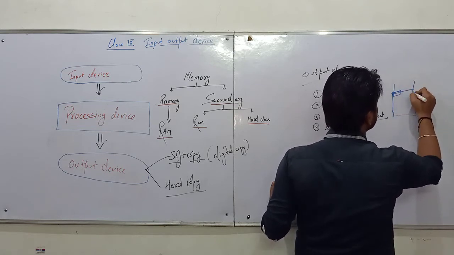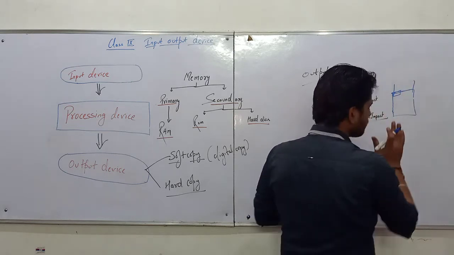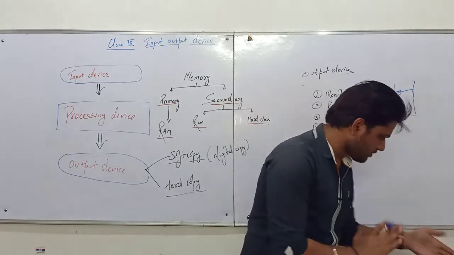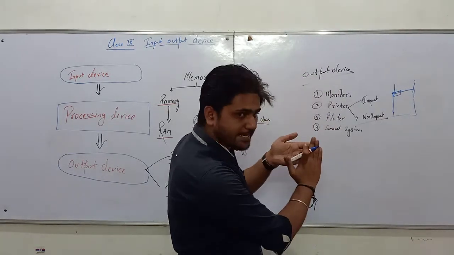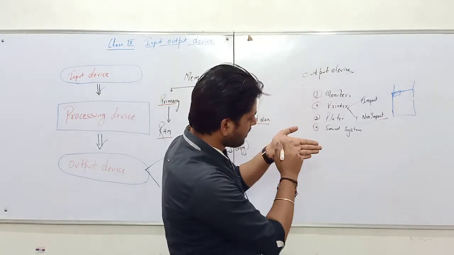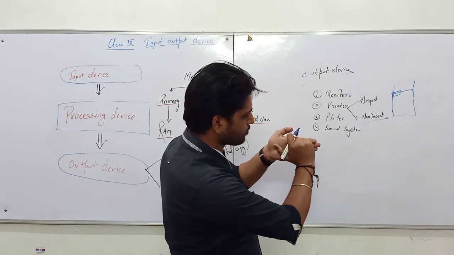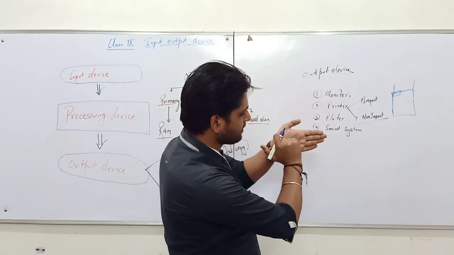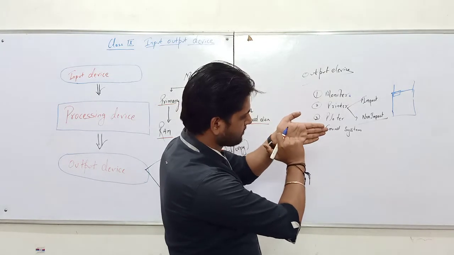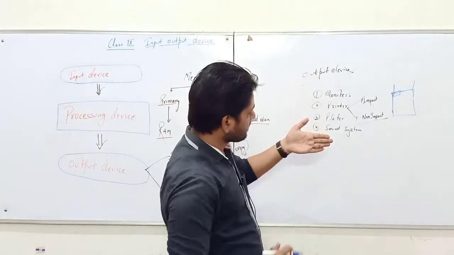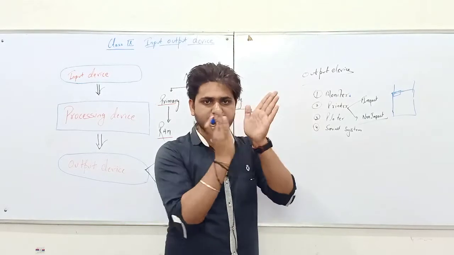A piece of paper is kept inside it and the cartridge runs like this and prints the data on the paper. Let's suppose this is the paper and this is the cartridge. It runs like this and types the data, so there is direct contact of the cartridge and the paper.